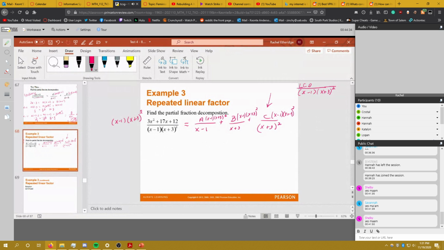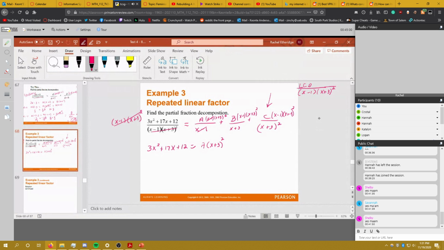All right, so let's simplify. That whole denominator will cancel out. So I have that left over. Over here, we have an x minus 1, so I have a x plus 3 squared.